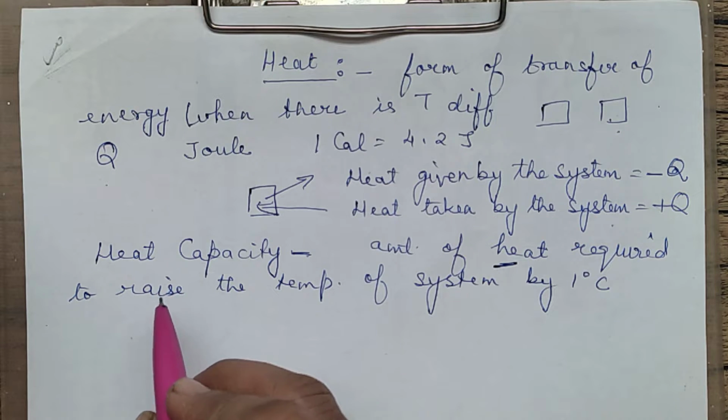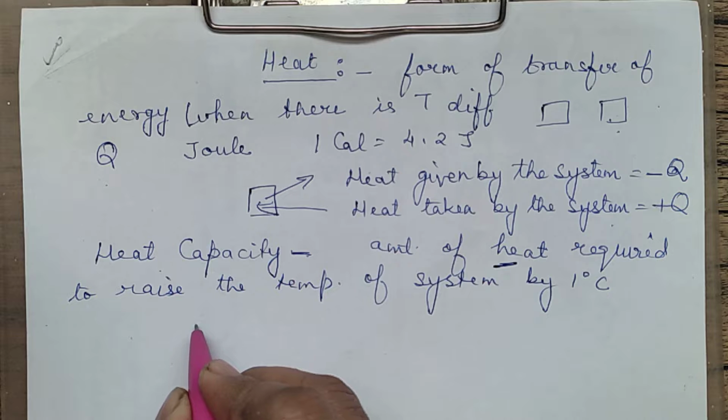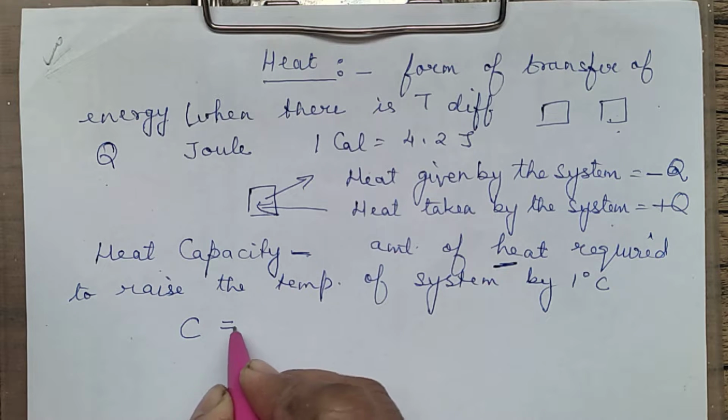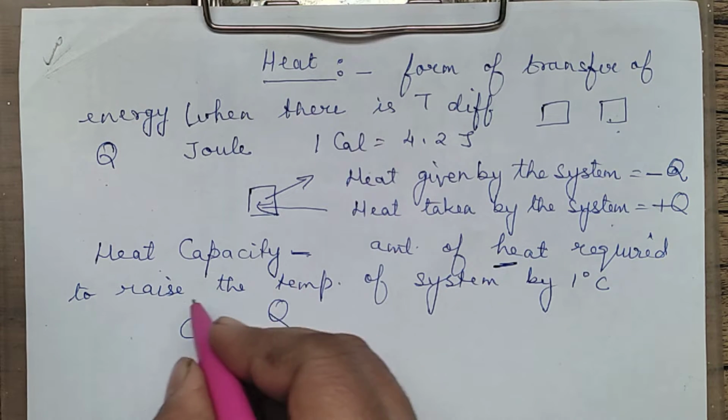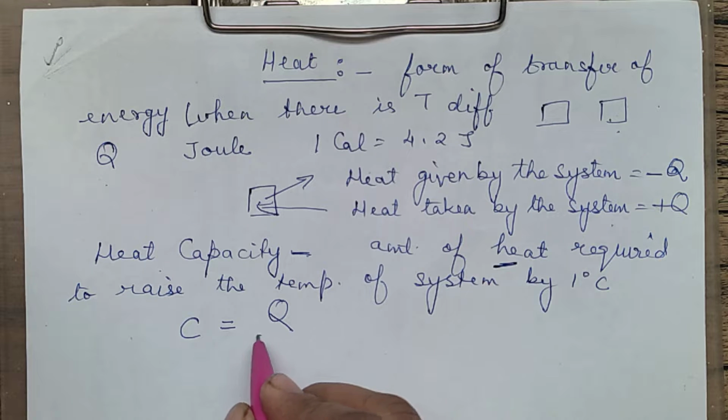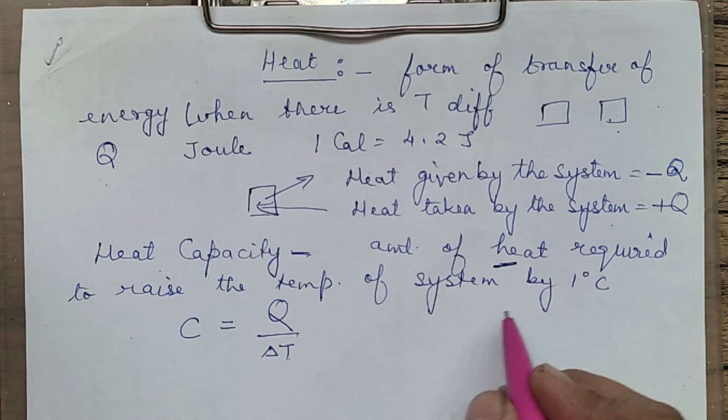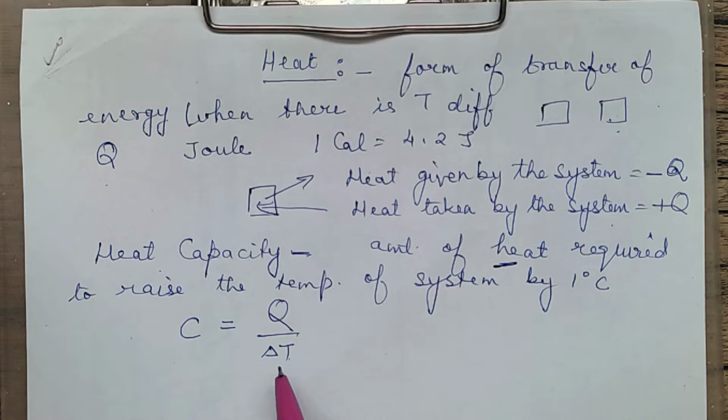We will represent this heat capacity by the symbol C. Suppose Q is the amount of the heat required for the temperature difference. That is called as heat capacity. Heat capacity is Q by delta T. Obviously, if we are increasing it by 1 degree, that delta T will be 1.